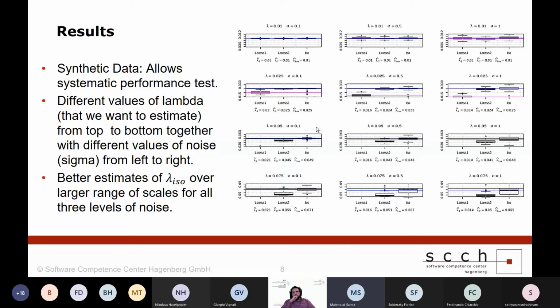Our method gives an estimation for lambda of 0.071, where the lambda that we want to estimate is 0.075, while the traditional exponential method has a lambda of 0.055. We can see this throughout the different experiments that we carried out with different lambdas and different values of sigma.